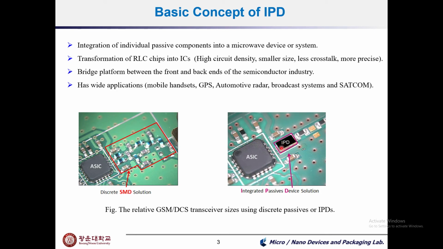In this way we can miniaturize the size of the RLC chips into small ICs, and we can achieve high circuit density as well as minimize the crosstalk, because in this case the loop area is very small compared to the discrete SMD. So these kinds of IPD techniques are very important for miniaturization and minimizing the crosstalk.